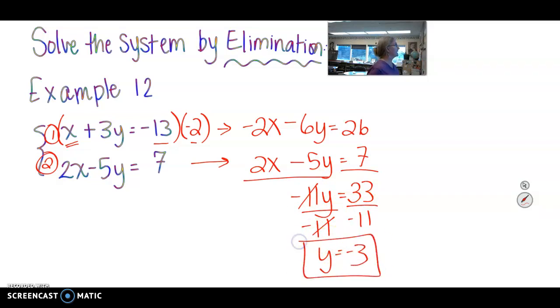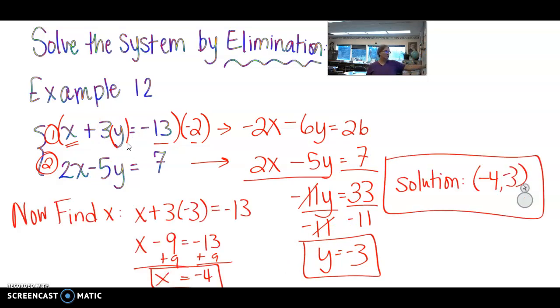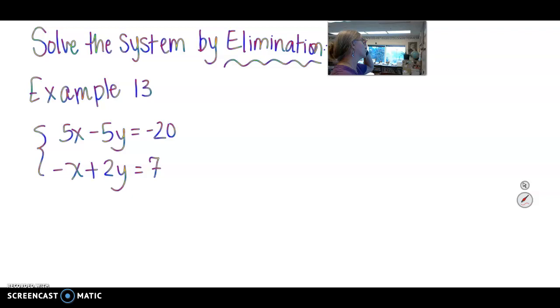Okay, so you plug y back in, I would suggest, into the top equation and figure out what x is. So the solution is, you should have gotten negative 4 for x, and you get negative 4, negative 3 is the solution.